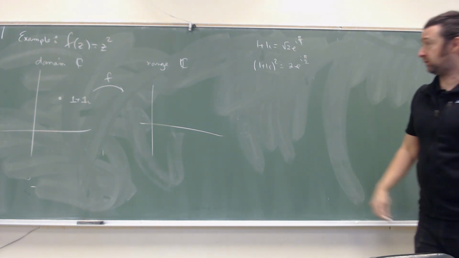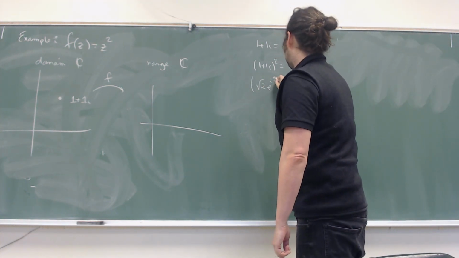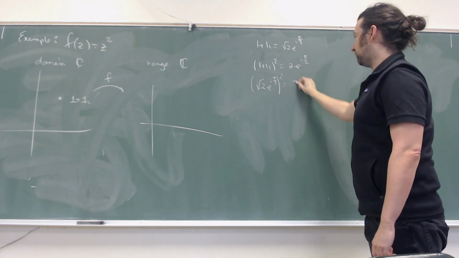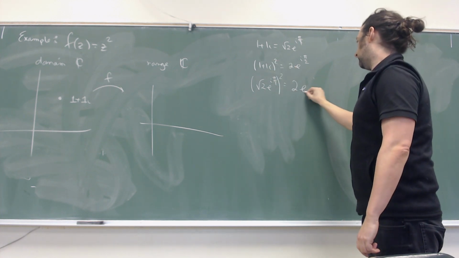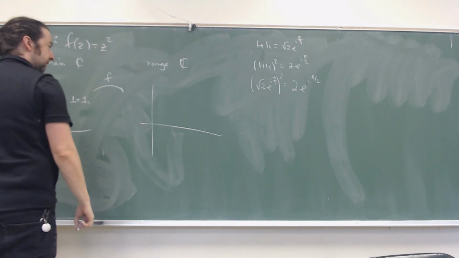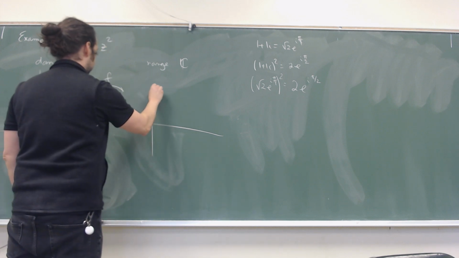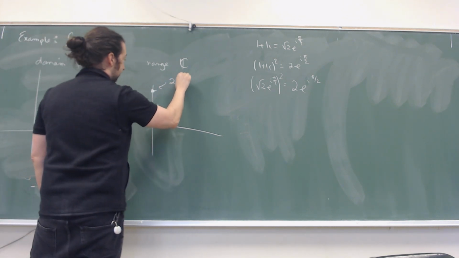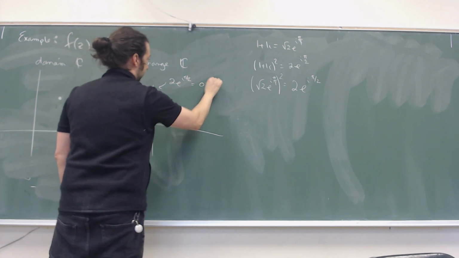All I've done is take root 2 e to the i pi over 4 and square it to get root 2 squared, which is 2, and e to the i pi over 4 squared, so I add the exponents to get e to the i pi over 2. So this point under f gets mapped to a point on the imaginary axis of radius 2. That's not very interesting, but that's 2e to the i pi over 2, or if you like, 0 plus 2i.